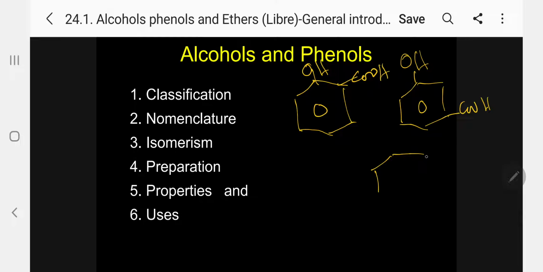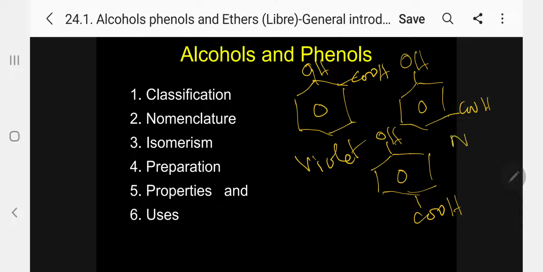And the third one is para-hydroxybenzoic acid. So these three examples you can even study under the acids. Why do I want to give this here? This is giving violet color. This is no color.